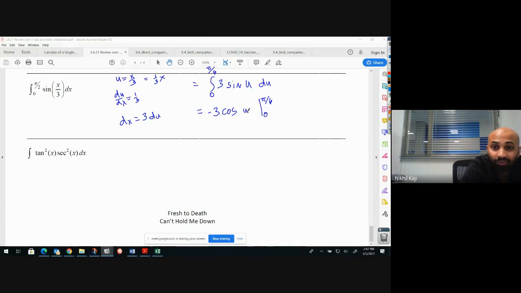So here, I'm going to leave it in terms of u because I converted these to u's. If you wanted to, you could convert this back to x over 3 and then use those bounds. Either way, you'll get the same answer. There you have it.